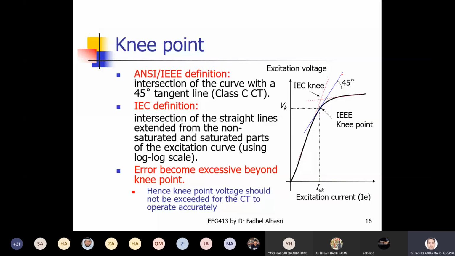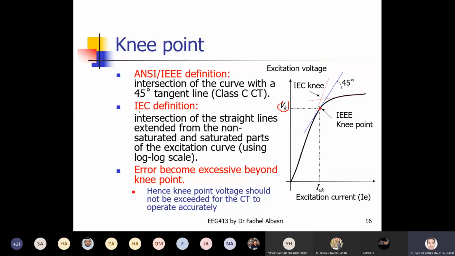So if you take this straight blue line at 45 degrees and touch the characteristic at this point, this is the knee point. This is called the knee point voltage, and this is the excitation current corresponding to that knee point.